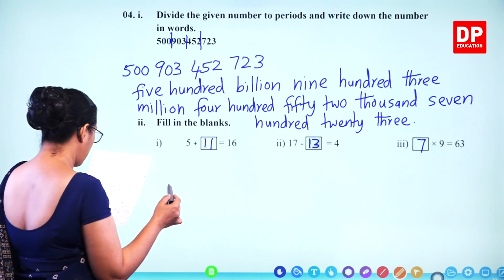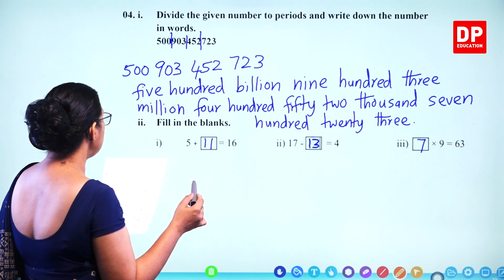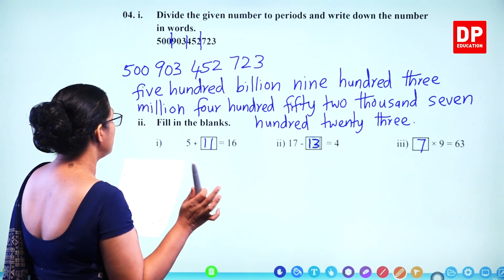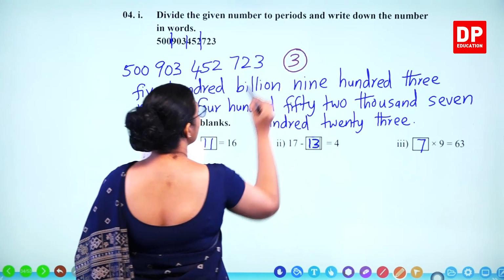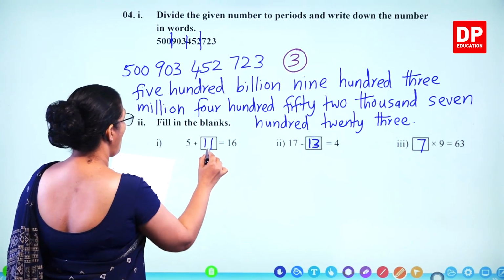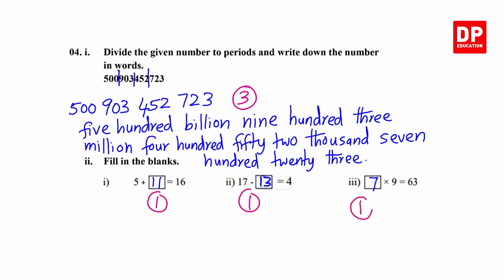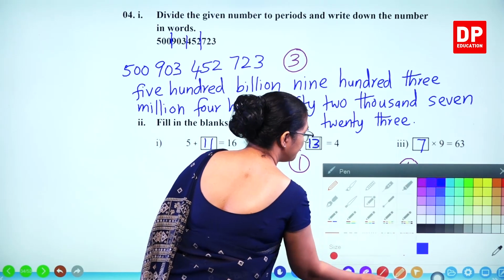So let's give marks. 500 billion, 903 million, 400. For this answer you get 3 marks. And then 1 mark each for these 3. So 3 and 3, 6 marks.